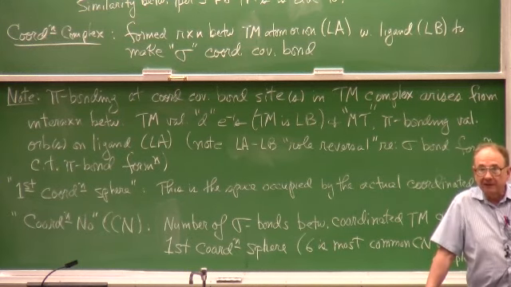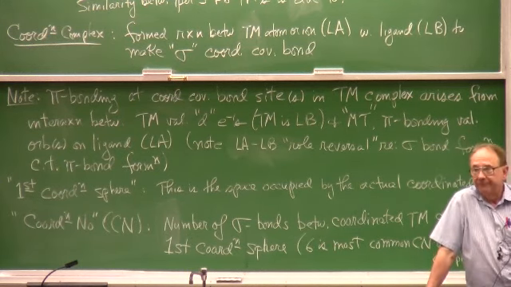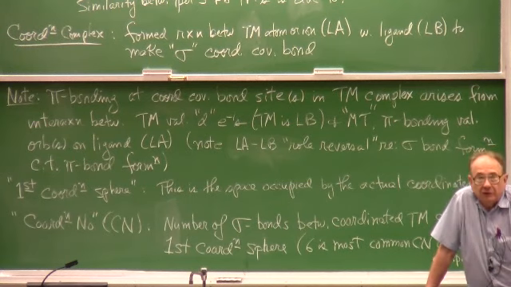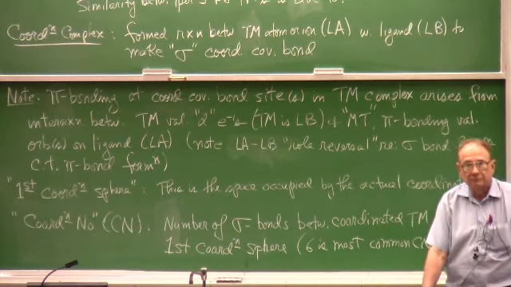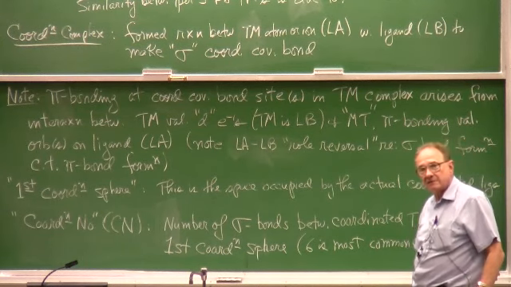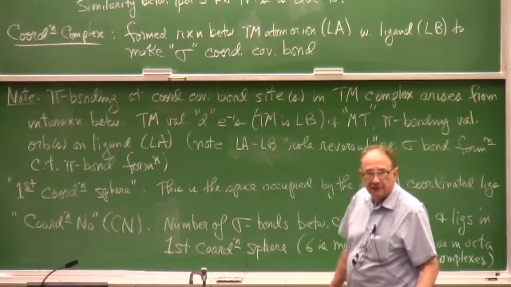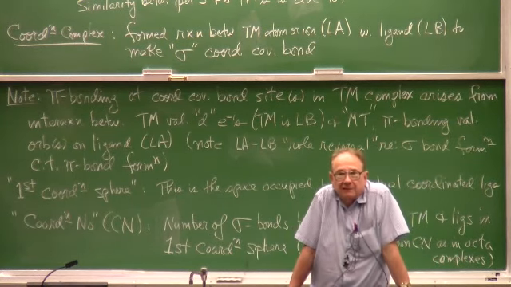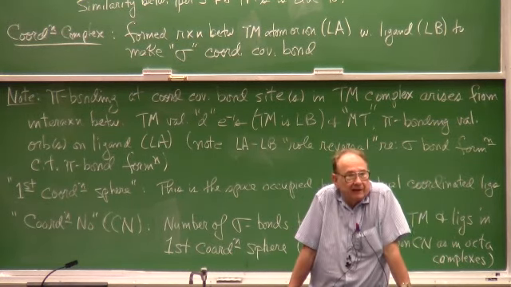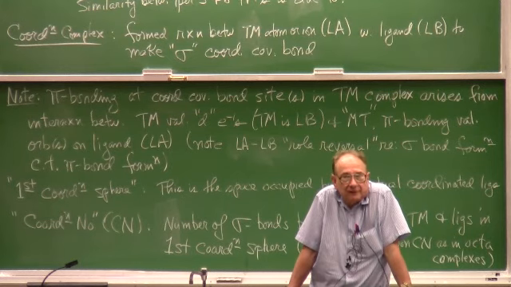Those terms ring a bell. Do you remember what the coordination number is for a metal atom in a simple cubic lattice? Body-centered cubic lattice? Cubic closest packed lattice, same as face-centered cubic? I'm curious if you remember that. 6, 8, 12. Cubic closest packed. Coordination number is 12. What's that mean?